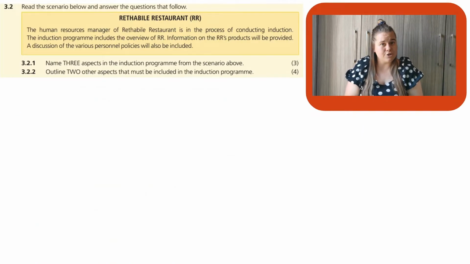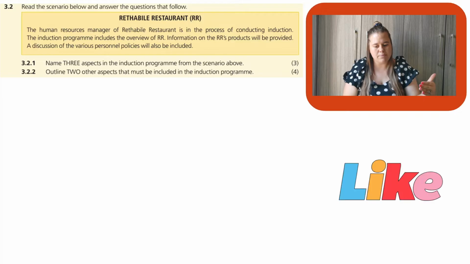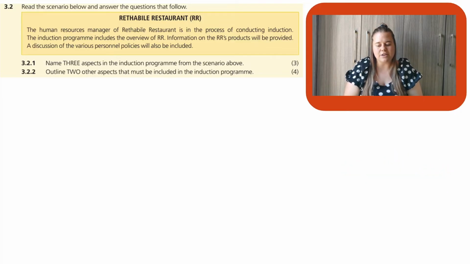All right, another scenario. So here we go. Again, I'm going to read the questions first, and then I'm going to read the case study. So name 3 aspects in the induction program from the scenario above. And then outline other 2 aspects that must be included in the induction program. So let's see.